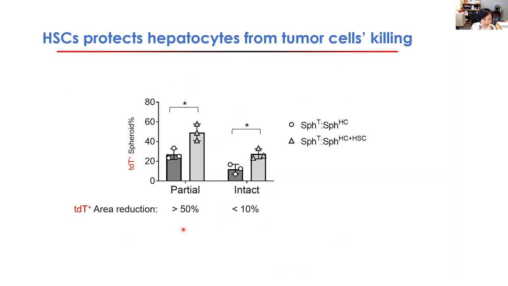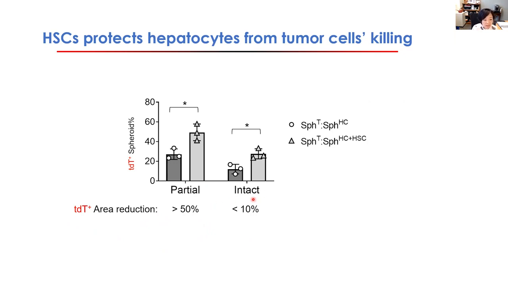Partial we define as those spheroids that have a red fluorescence area reduction of more than 50%. So they are still there, but they have lost about 50% of their RFP area. And intact, normal spheroids we define as having an RFP area reduction of less than 10%.